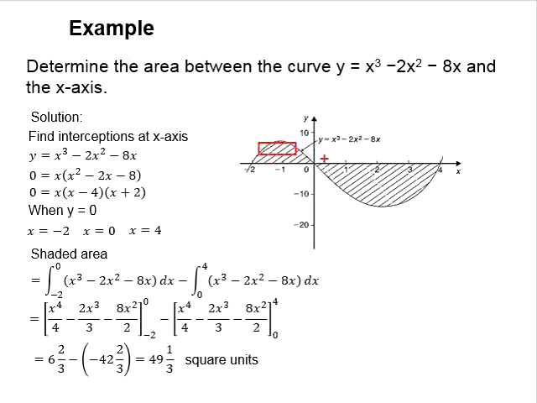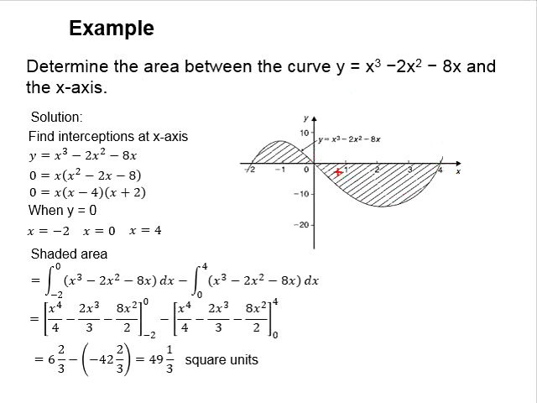These are the areas between the curve and the x-axis. To determine the area, you will need to integrate the function from -2 to 0 plus the function from 0 to 4.